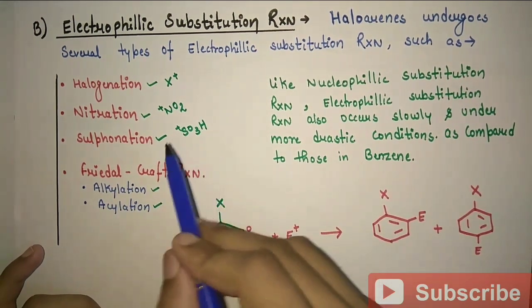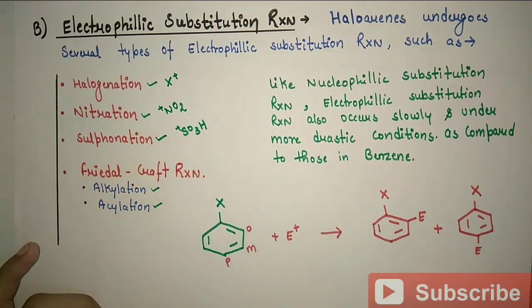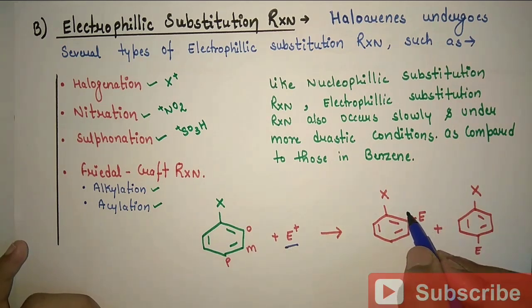Now in all these cases of electrophilic substitution reaction, the electrophile always comes at ortho and para position. Okay, this is our ortho, this is our meta position, and this one is our para position. So in all these cases, the electrophile only comes at ortho or at para position.